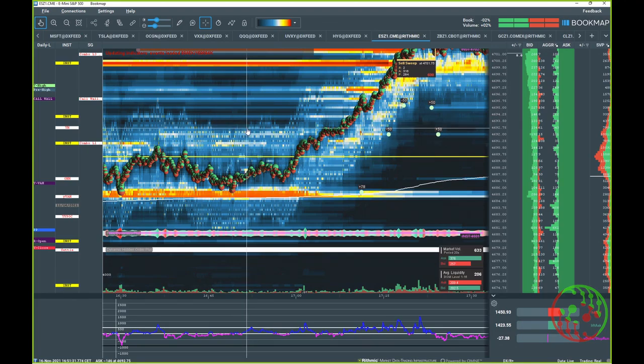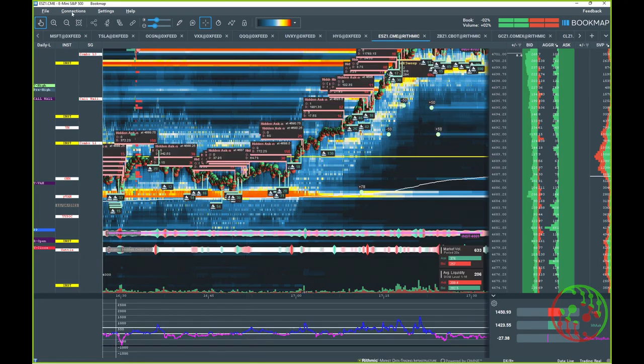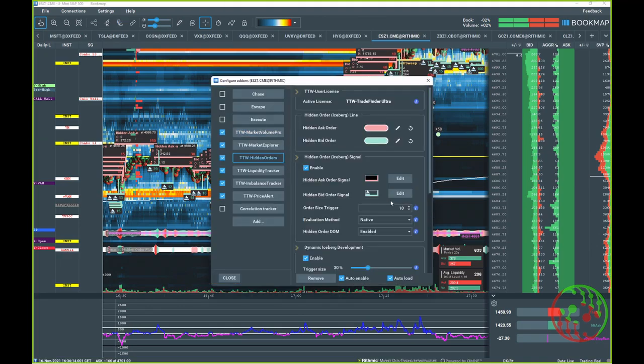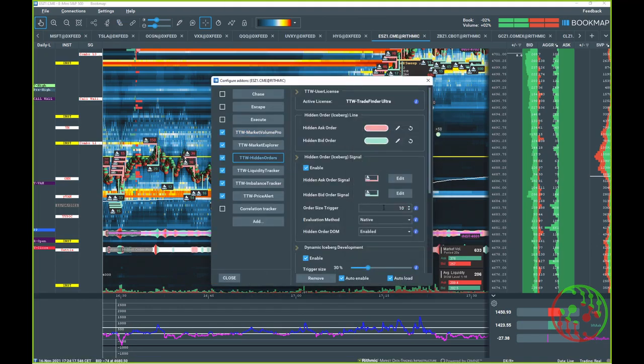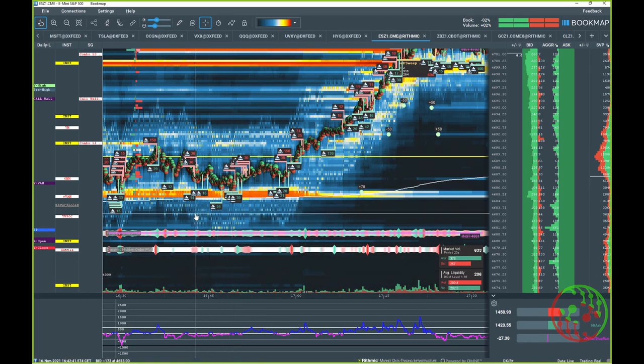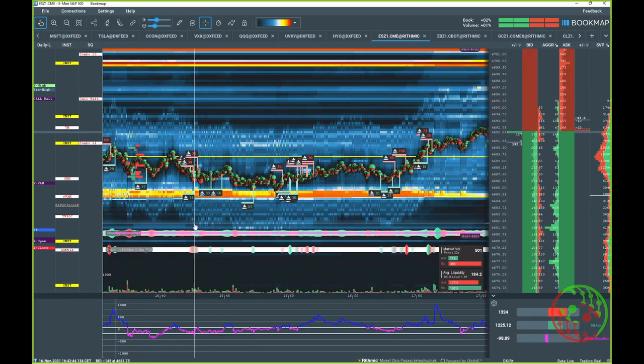Give me a second, it's recalculating the chart. I'm looking for icebergs which are bigger than 10, and you will see there are a lot of icebergs around here on the ask and on the bid, all native icebergs, and you will see the same information here in the hidden order plot.